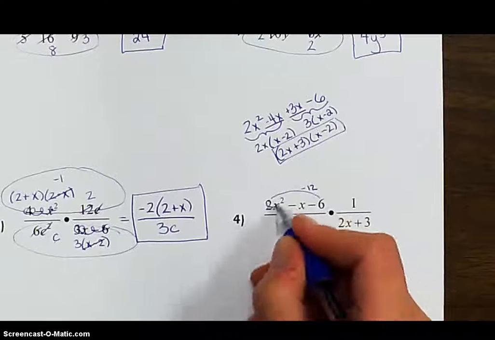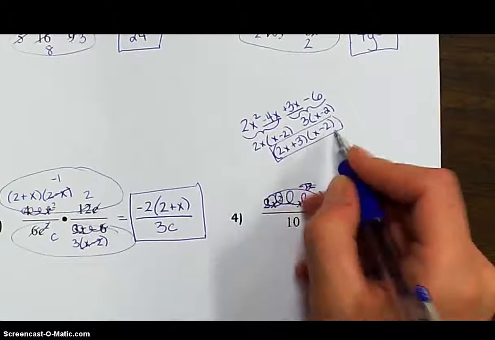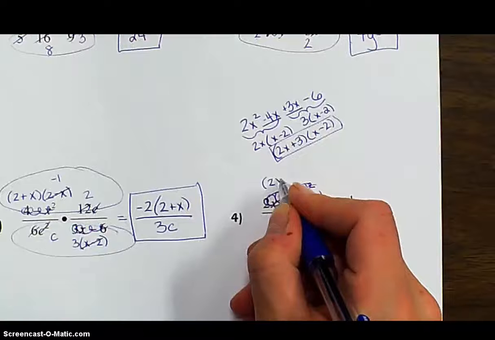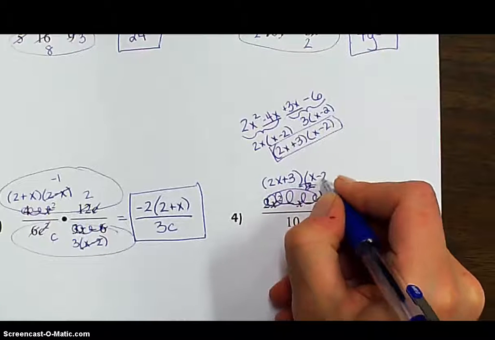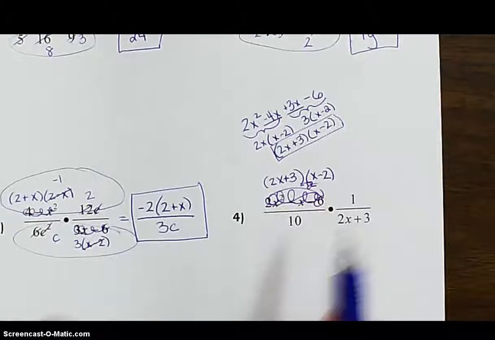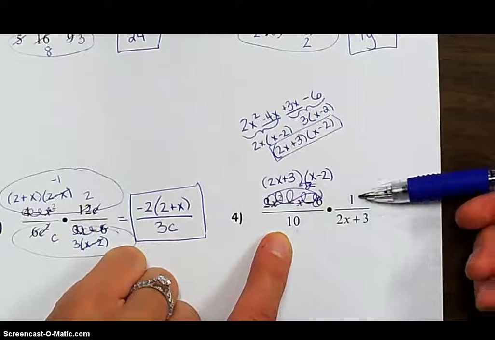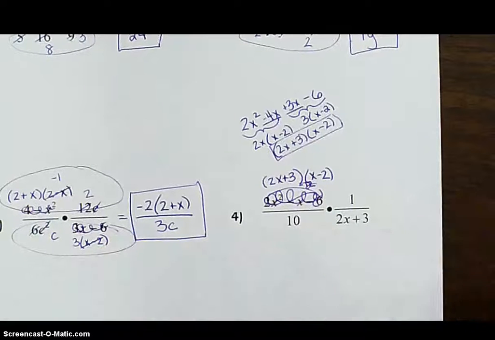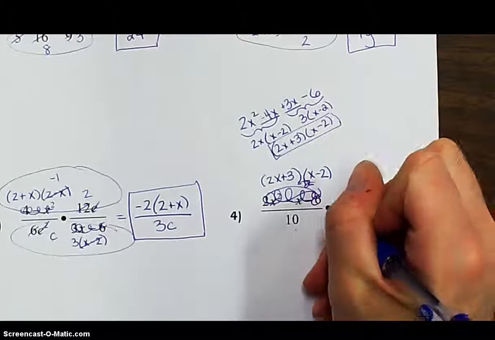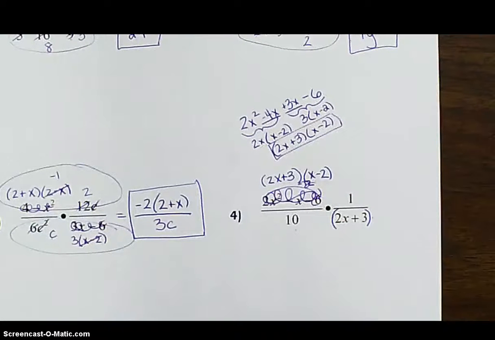So what I'm going to do now is I'm going to cross this off, and I'm going to replace it with my factored terms. Okay, so I factored that out. 10 cannot be factored, 1 cannot be factored, 2x plus 3 cannot be factored, but it is a binomial, so I'm going to put parentheses around it. Now let's see, can we cancel?